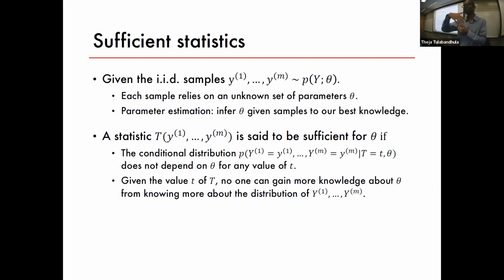Looking at the original data or creating other functions does not help you more for estimating the underlying parameter. If a particular statistic is sufficient, adding more information doesn't change anything, in the sense that the sufficient statistic is enough to estimate theta. Anything else is not useful.